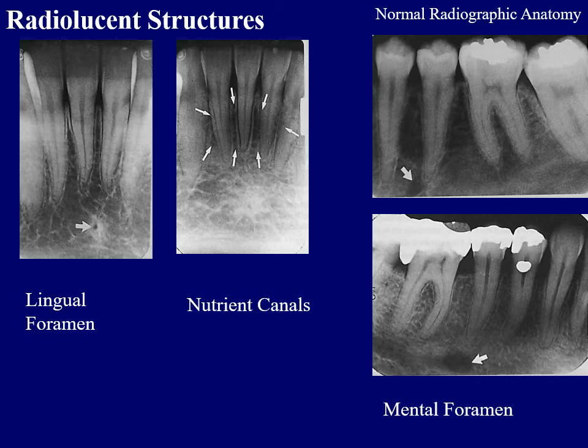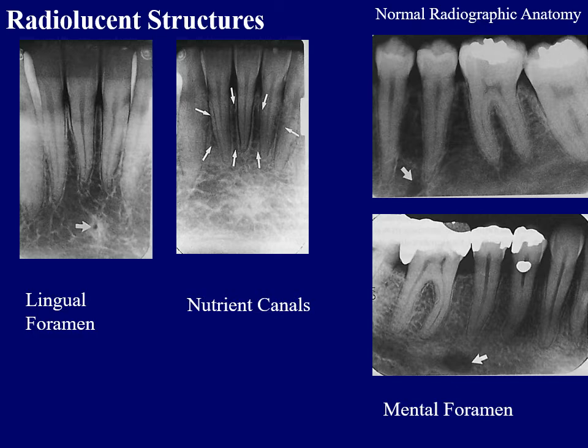On radiographs, the superior and inferior foramens together appear as a single round radiolucent canal with well-defined borders, lying in the midline below the apex of the incisors.